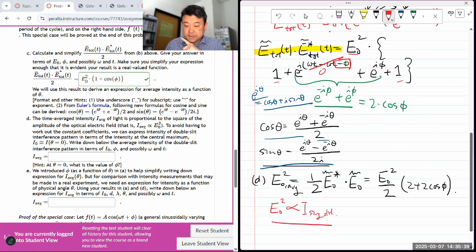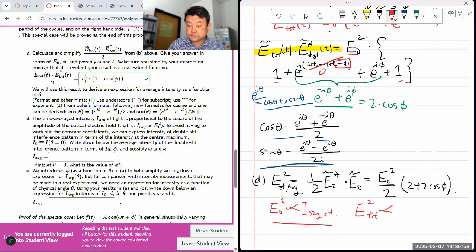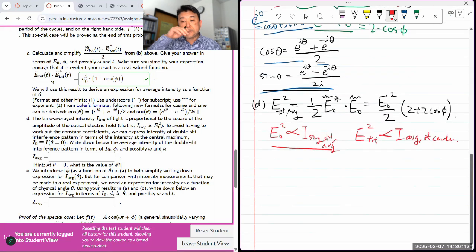So this isn't E0, this is like E total. Then E total squared is also proportional to I average, and I'm saying all the average has been done at center. Okay, so I already have all this expression.